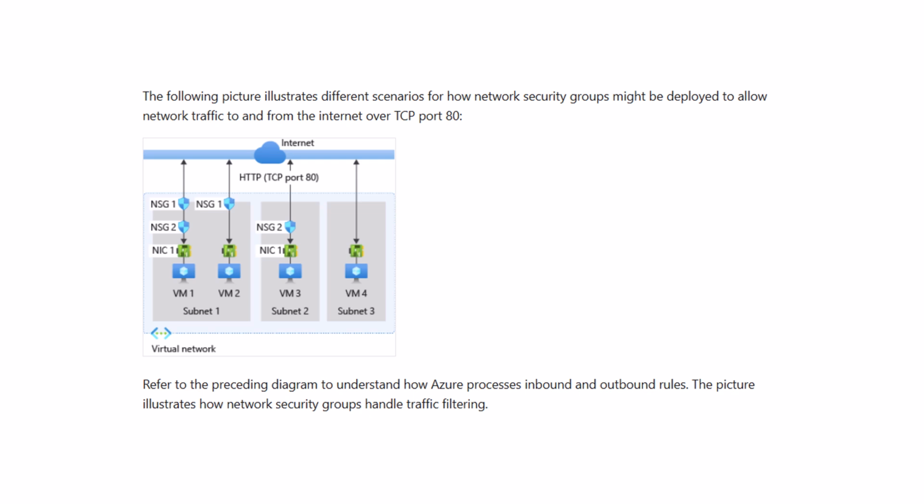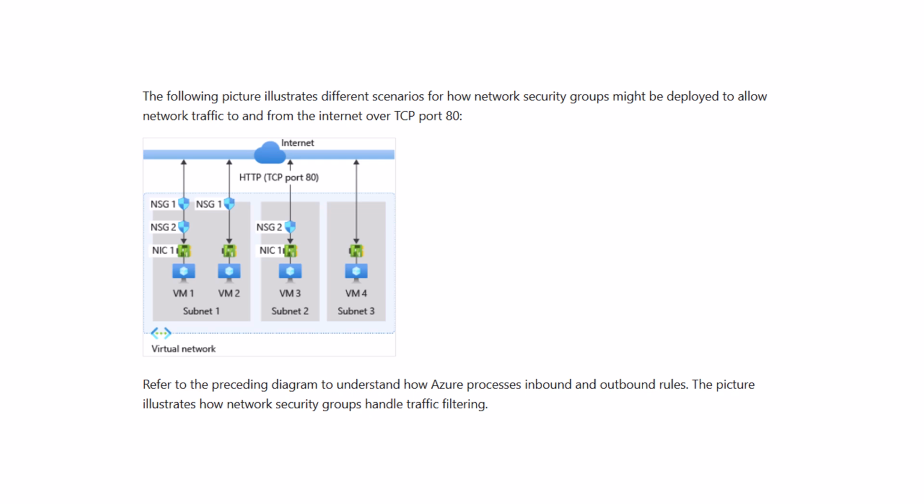This is an illustration of what we were just talking about. So this NSG can be applied at the subnet level or at the NIC level right over here. And again, you could repeat. Notice how this NSG2 is applied at the NIC1 level on VM1, but it's also applied here at the subnet level.